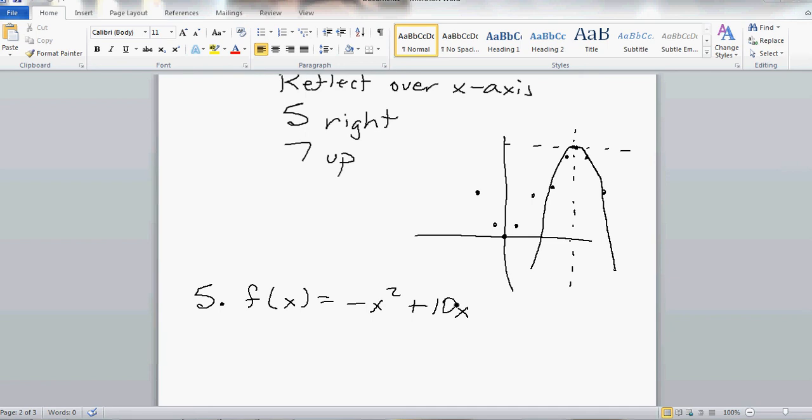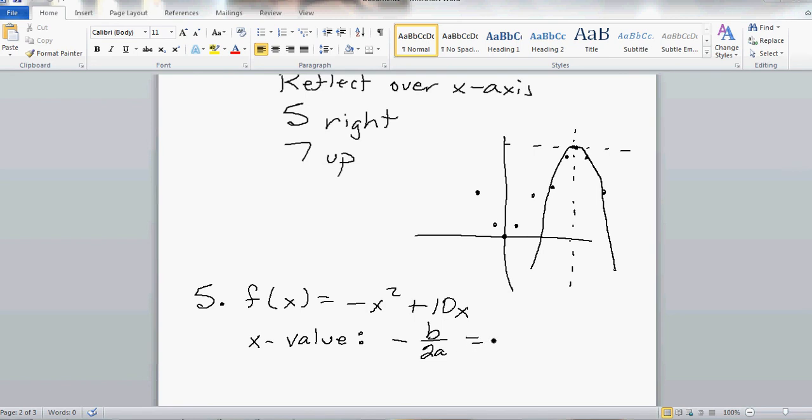Well, the x value is relatively simple. To find the x value, all we really have to do is take negative b over 2a, using the fact that this would be the a coefficient, this would be the b coefficient, and remember that if we had a constant, that would be c. These are using the same a's, b's, and c's as we do in the quadratic formula.